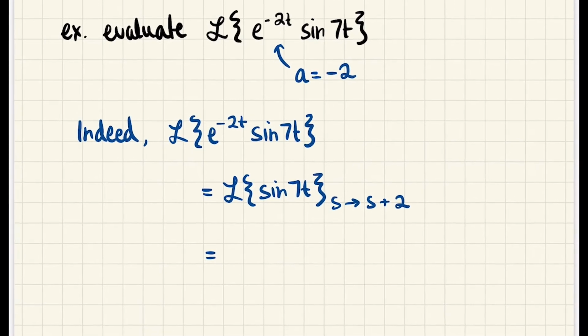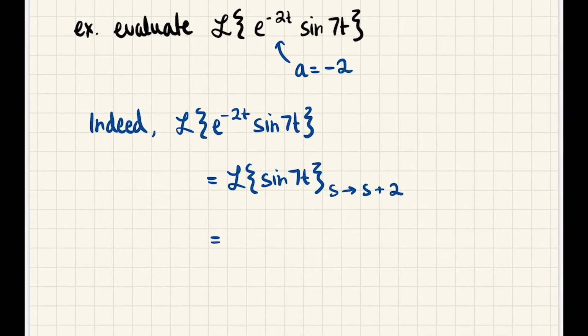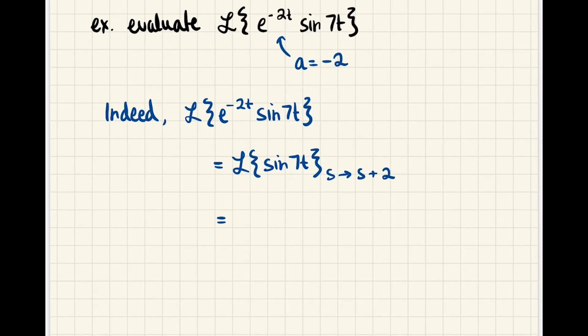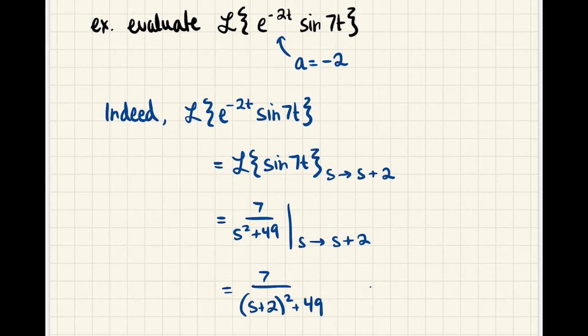Okay, we know how to find the Laplace transform of sine of kt. That's k over s squared plus k squared. So this is going to be 7 over s squared plus 49. And we now just have to replace s with s plus 2. And there we are, final answer.